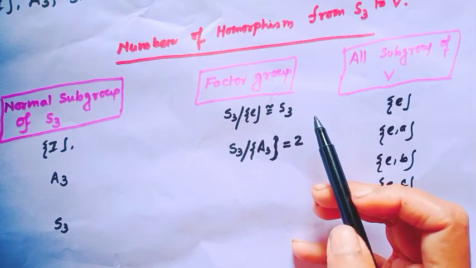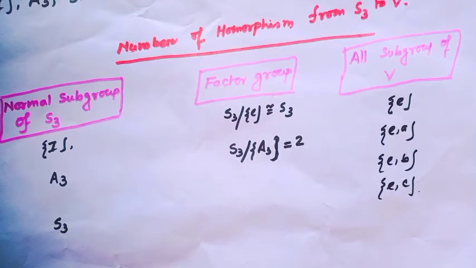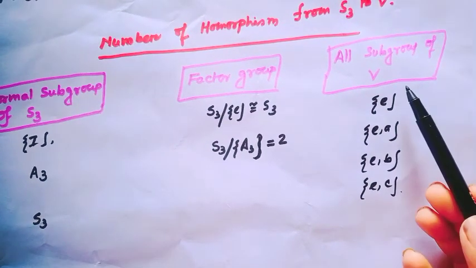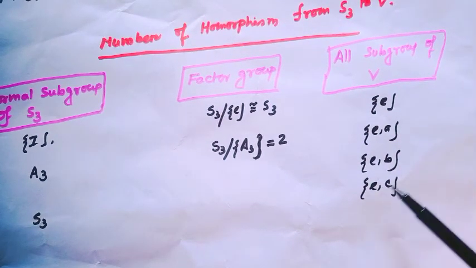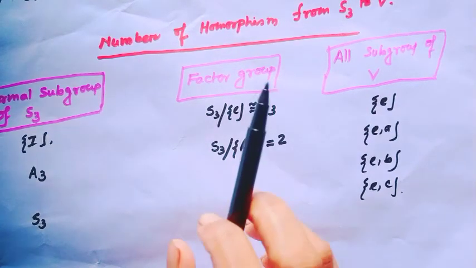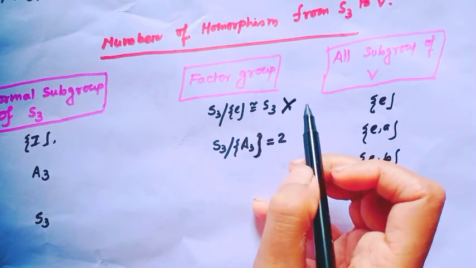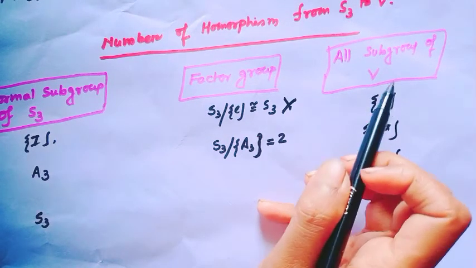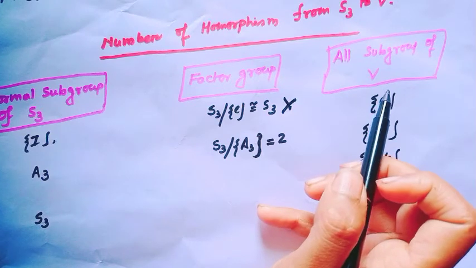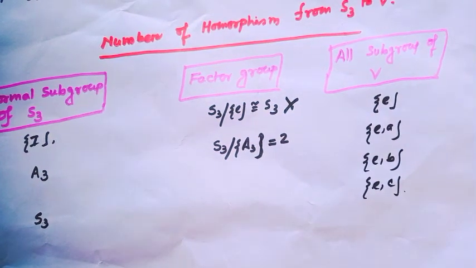And we all know the order of S3 is 6. But notice the Klein four-group has no subgroup of order 6. So this factor group is not possible. That means there exists no homomorphism from S3 to the Klein four-group with the kernel identity.